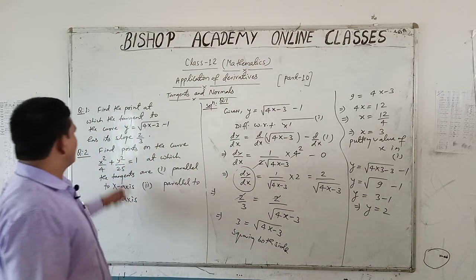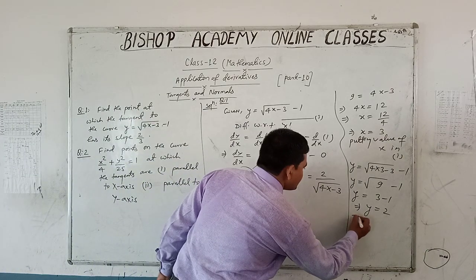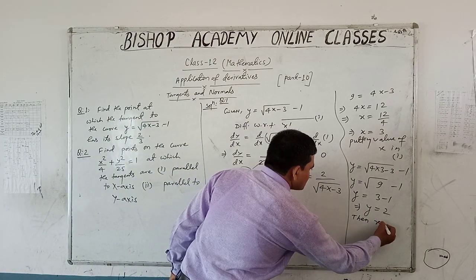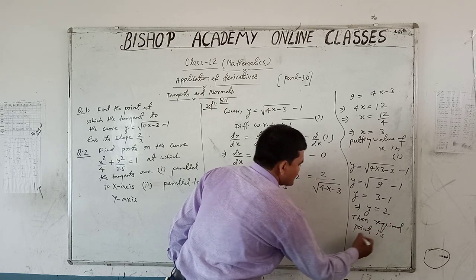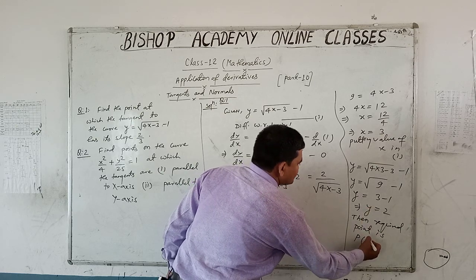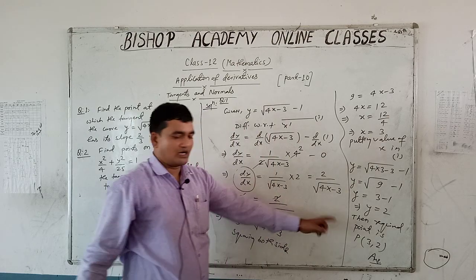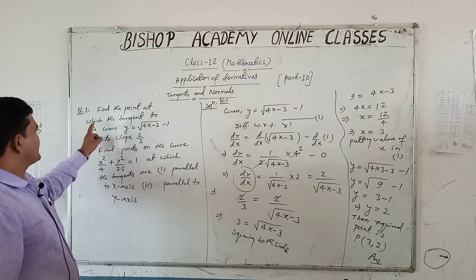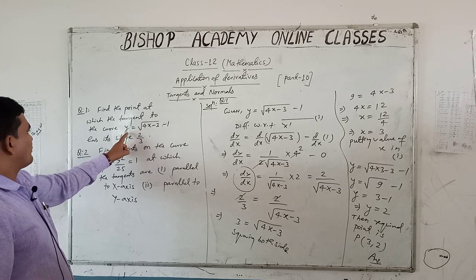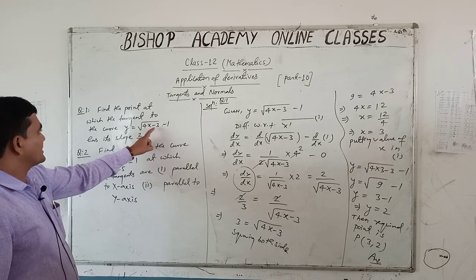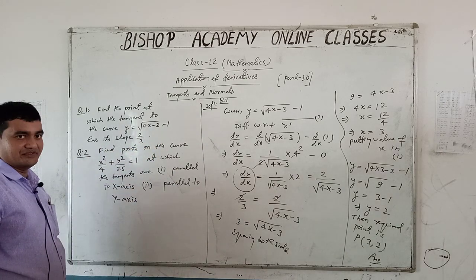In this question we have to find the point. The required point is P(3, 2). This is the required point at which the tangent to the given curve y equal to root of (4x minus 3) minus 1 has its slope 2 by 3.